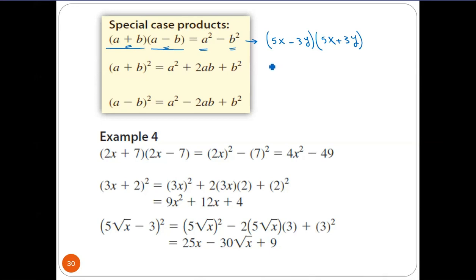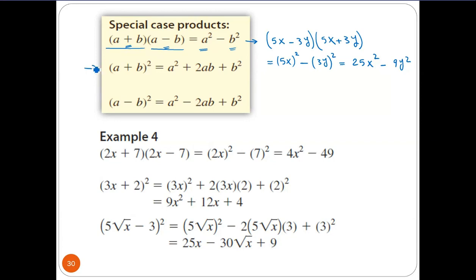So the result equals what? This equals the first square, always minus 3y squared, and the final solution equals 25x squared minus 9y squared. Okay.